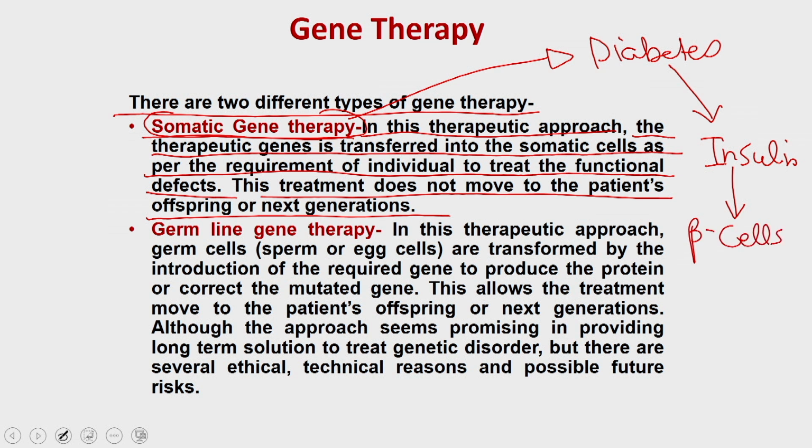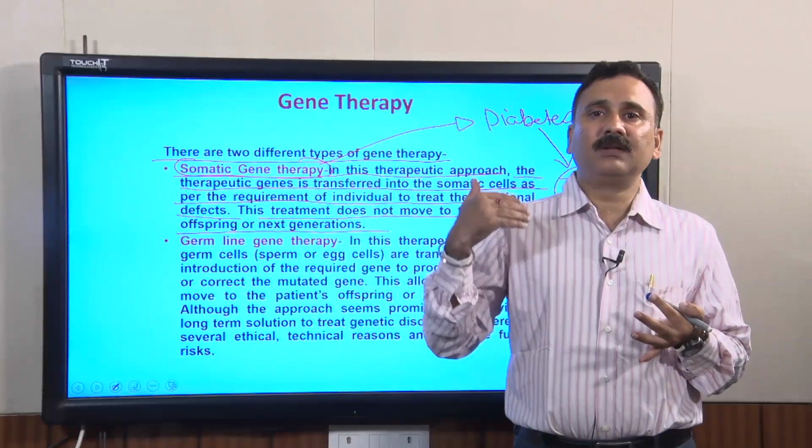The advantage is that that particular individual is going to start producing insulin, but this type of correction is not going to move to the next generation, because the transfection as well as the integration of this particular gene into the genome is going to happen only in the somatic cells.